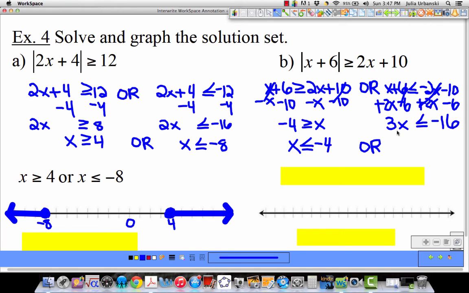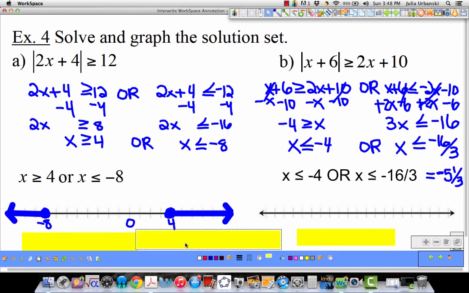When we divide by +3, we don't have to flip anything, but we're going to go ahead and turn it into a fraction. -16 divided by 3, dividing both sides by 3. Well, in reality, that's the same as saying -5 and 1/3, and that's going to be easier to find on the graph than -16 over 3.